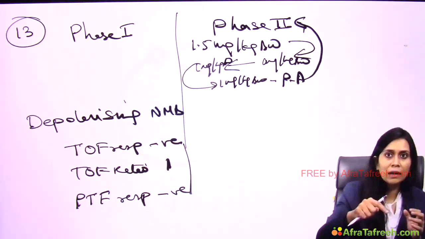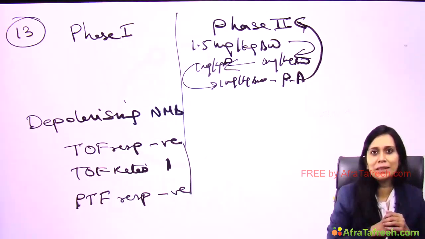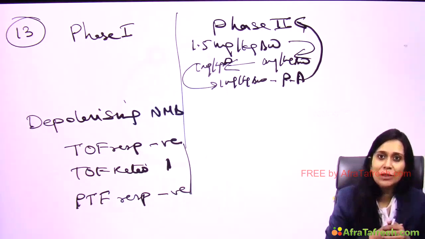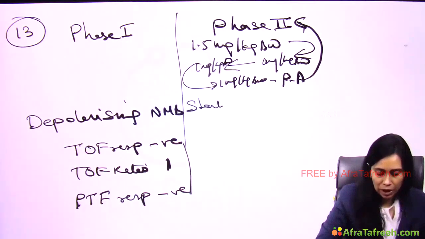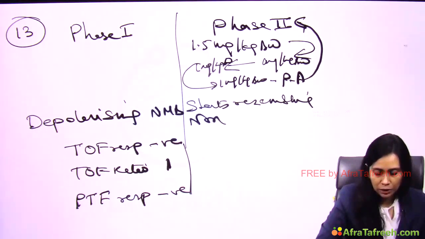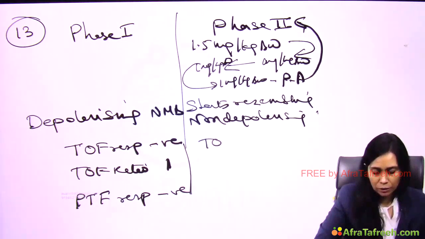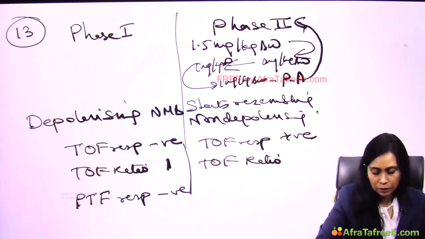But the molecule is there, sitting on the receptor but not depolarizing it. So it starts behaving like a non-depolarizing blocker. That is, train-of-four response positive, TOF ratio less than 1, and post-tetanic facilitation response positive.